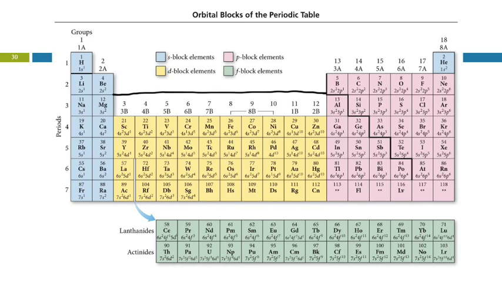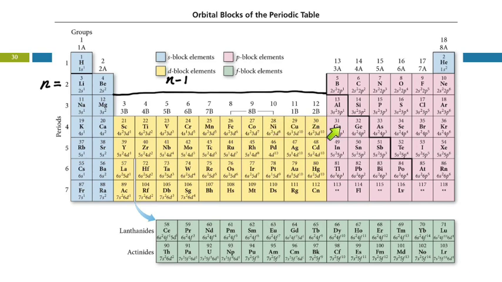So for the D block elements, you're going to have n minus 1, whatever the period number is, and the period number corresponds to the principal quantum number. So this is in row 4. This is actually 3D. You go through 1 through 10.